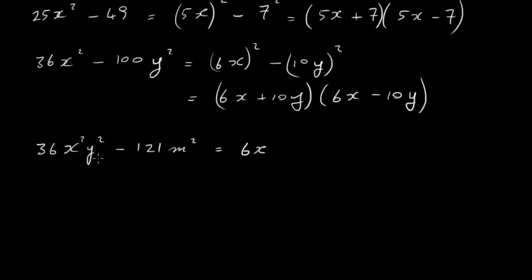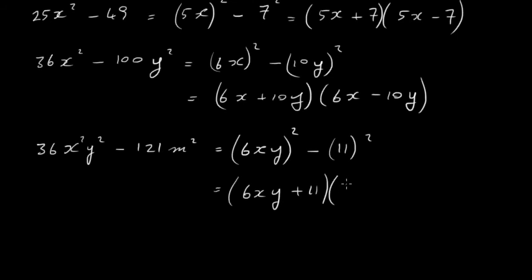We can square that. The y is just a y. We can square that. So if we put those in brackets and square it, square the 6, you get 36. Square the x, you get x squared. Square the y, you get y squared. The second one is just 11 squared. So that's just going to be, again, the first term, which is 6xy, plus the second term, the first term, which is 6xy, minus the second term.